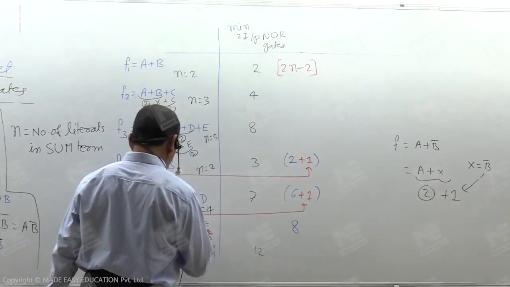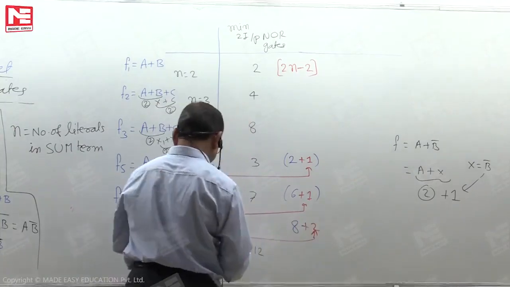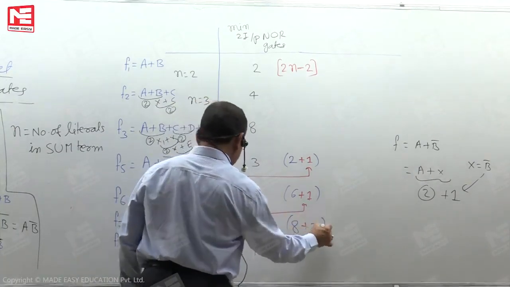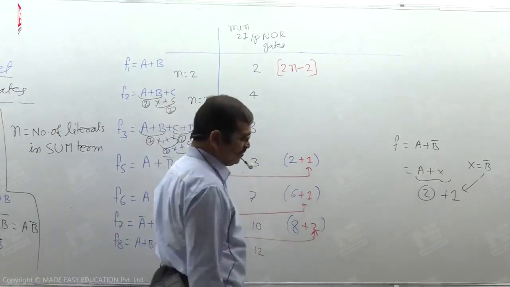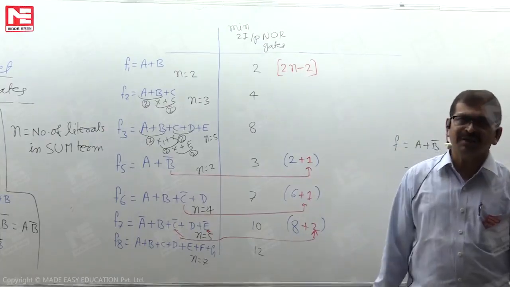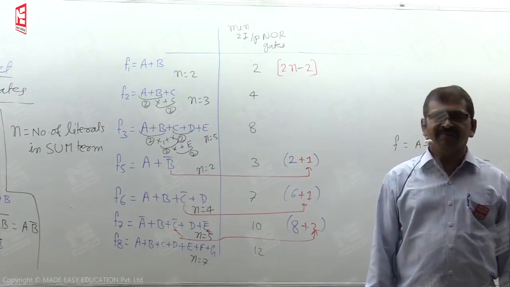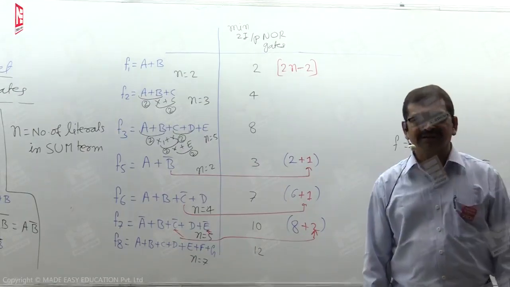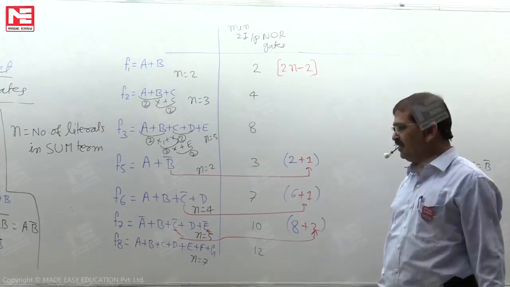Having complement on 2 variables, it will be plus 2. Hence the answer is 10. So the conclusion is, if we have any variable with a complement in the sum term, for each complemented variable we need a separate NOR gate.